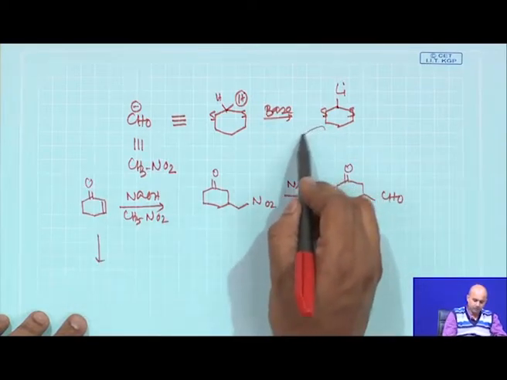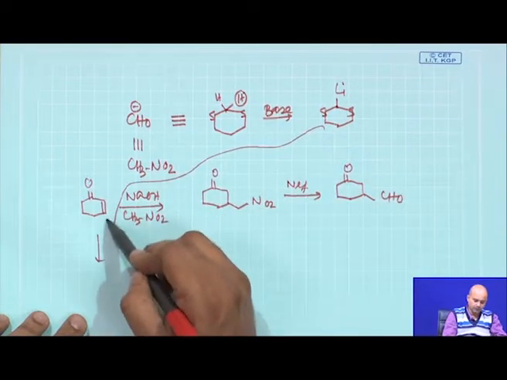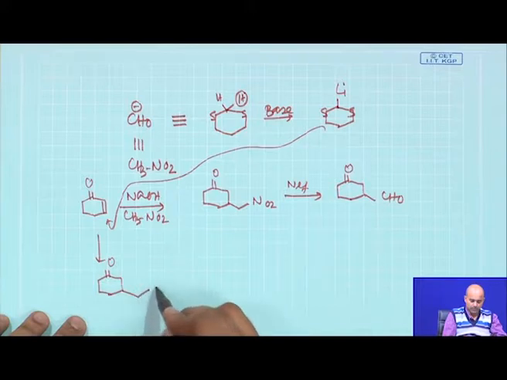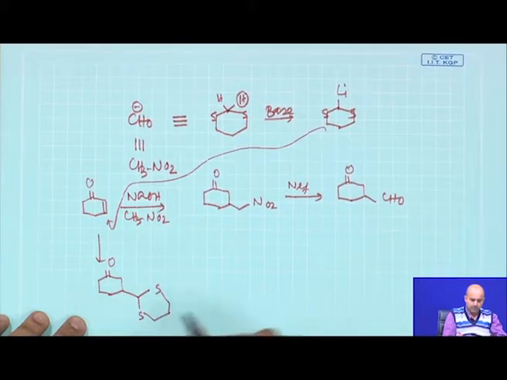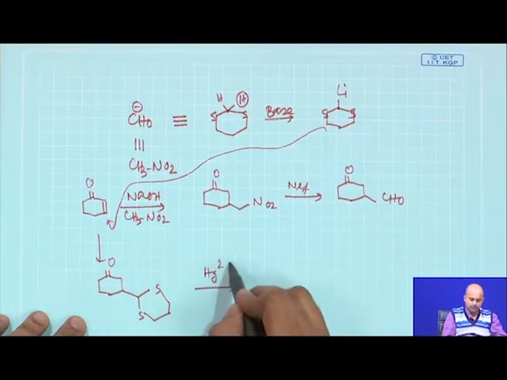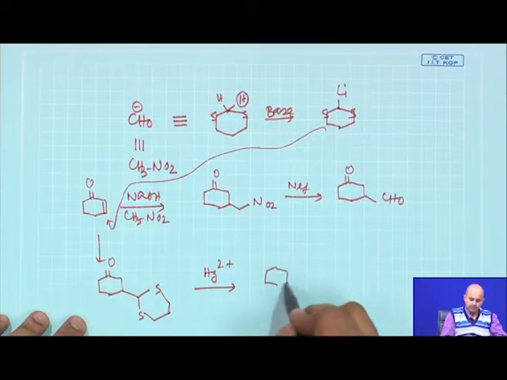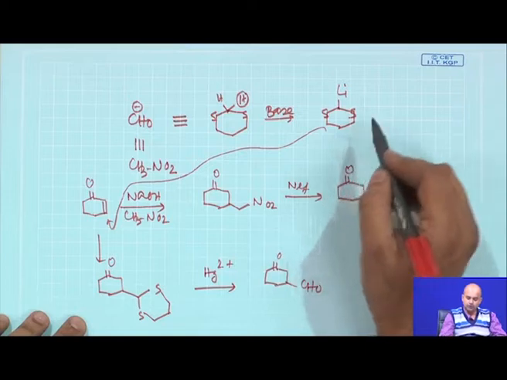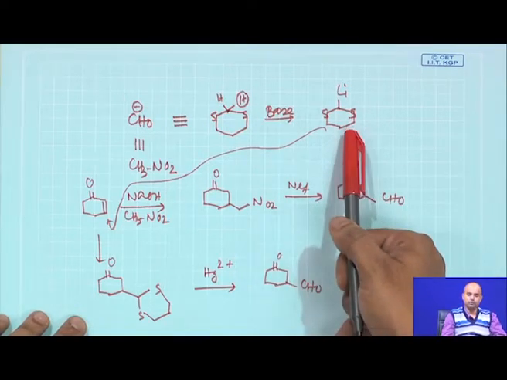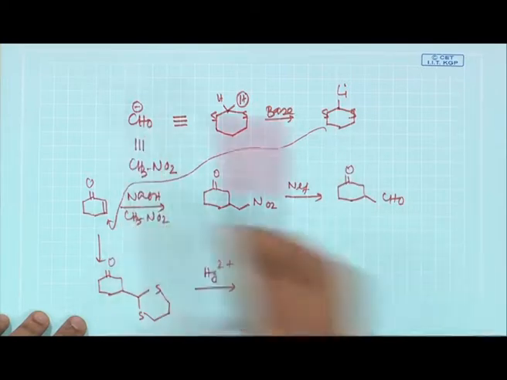So, this will attack in the 1,4 fashion to give you this, and then you just clip this with mercury and you get a CHO. So, this formaldehyde dithiane is also a synthetic equivalent of a formyl anion.